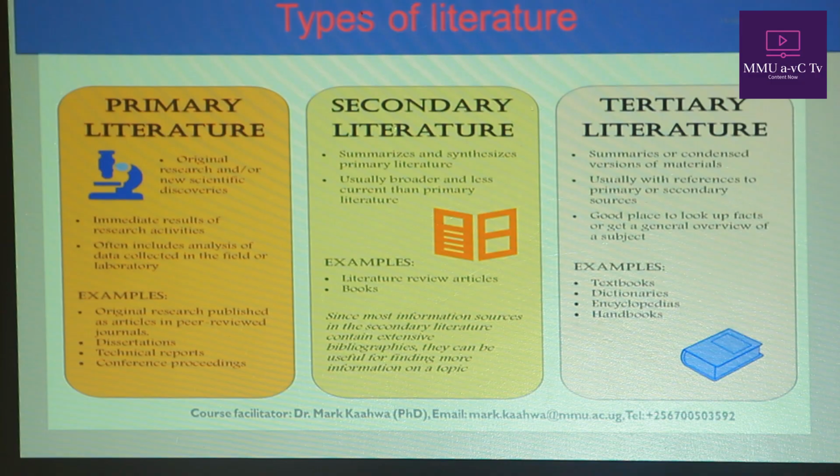So types of literature. So there are majorly three types of literature. We have the primary literature, the secondary literature, and the tertiary literature. Just three types. Now, when we talk of the primary literature, now these are original research and or new scientific discoveries.